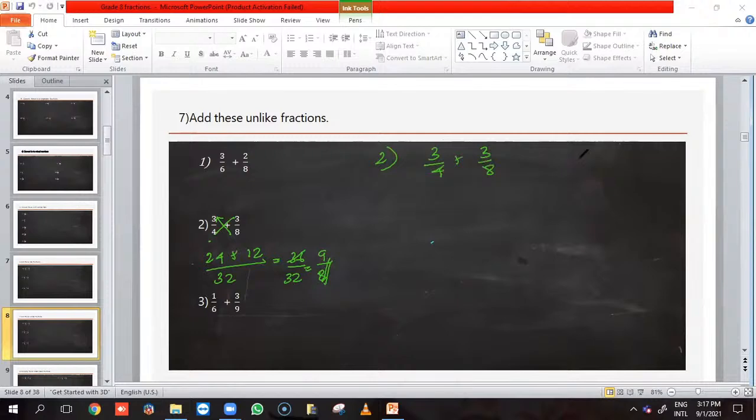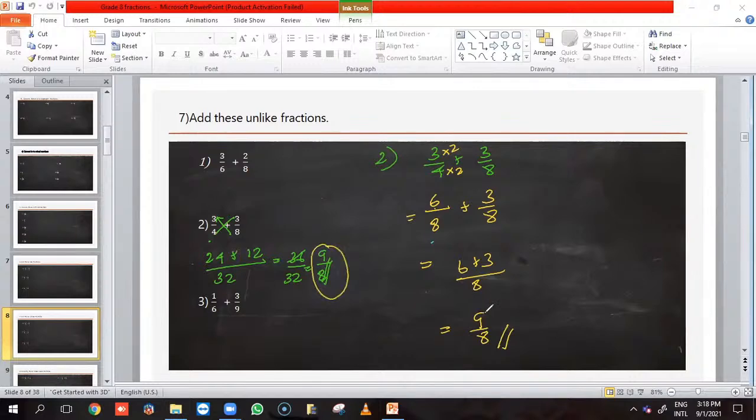So now look at 4 and 8. Common denominator is 8, right? So we can multiply this by 2, this also by 2. 2 times 3, 6 over 4 times 2, 8. Plus 3 over 8. Look, straightly you can get the answer. Denominator is 8. 6 plus 3. What is the answer? 9 over 8.